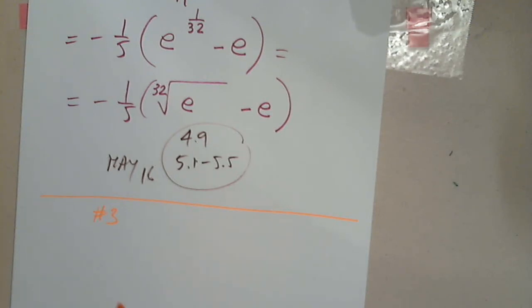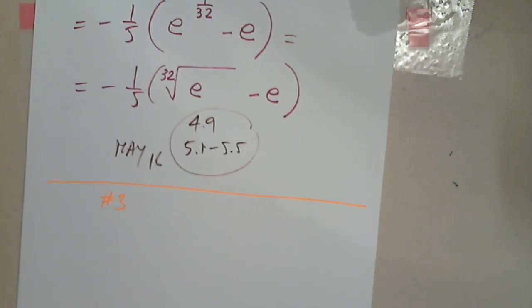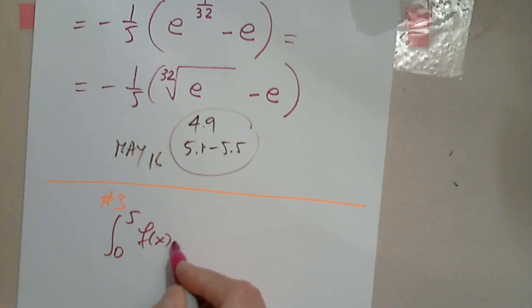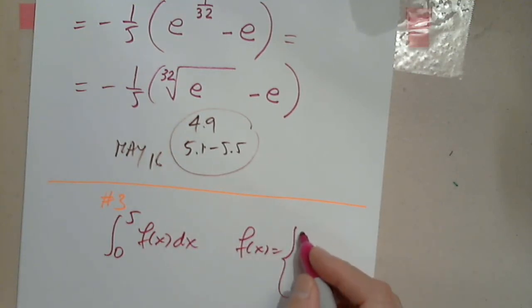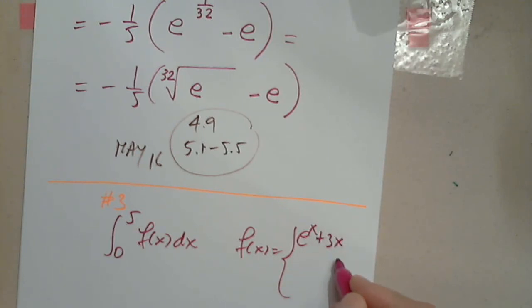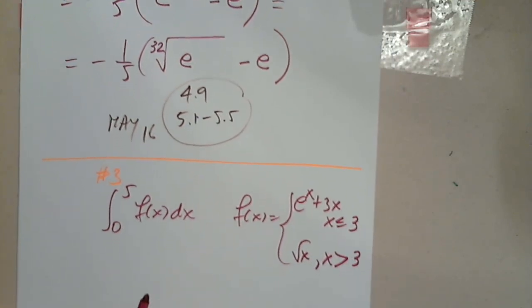Okay, perfect. So this is the additive property of integrals. The integral from 0 to 5 of f of x dx, and we are given a piecewise defined function: e to the x plus 3x for x less than or equal to 3, and the square root of x for x greater than 3.